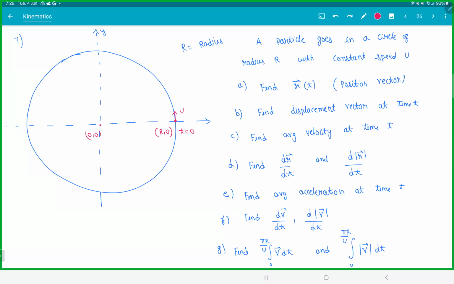How do we do this? The average acceleration. What is average acceleration? Change in velocity by time.